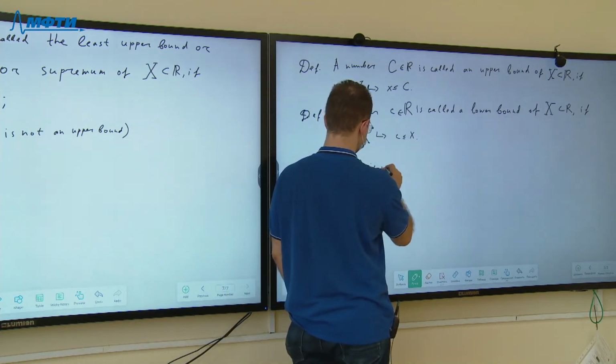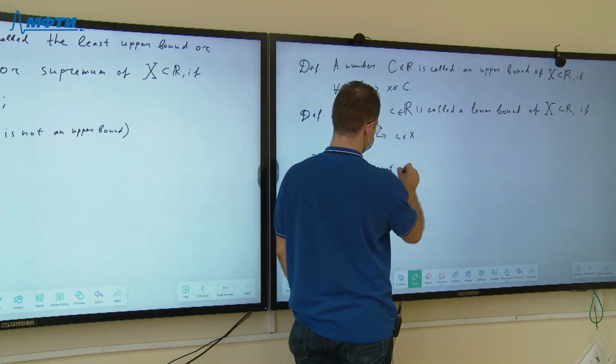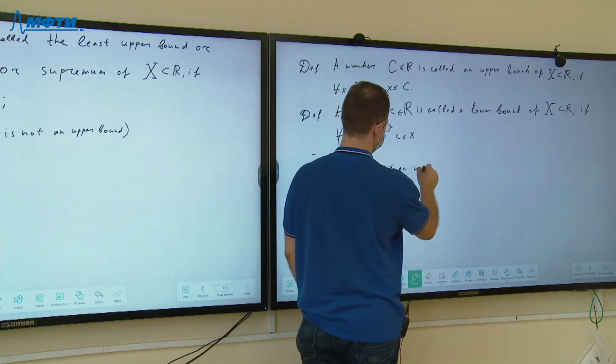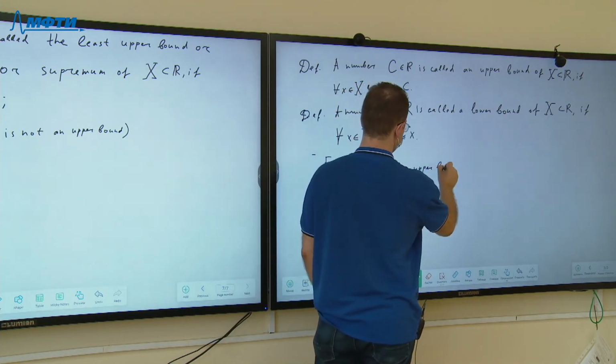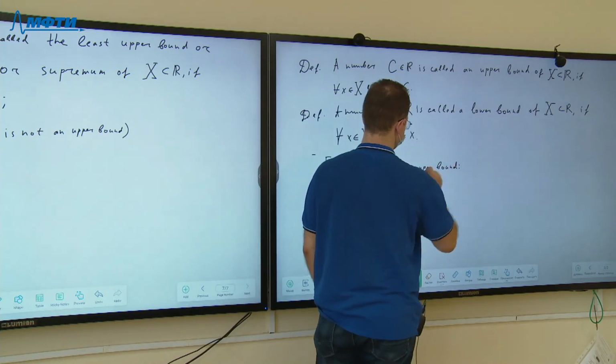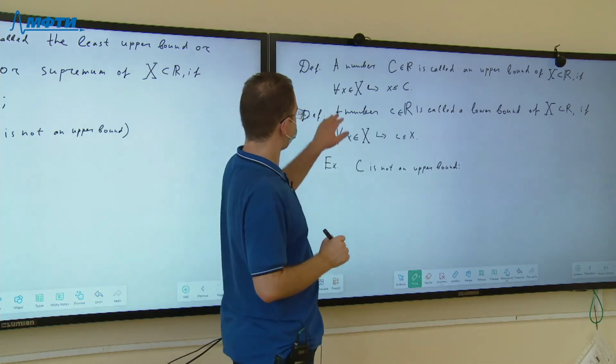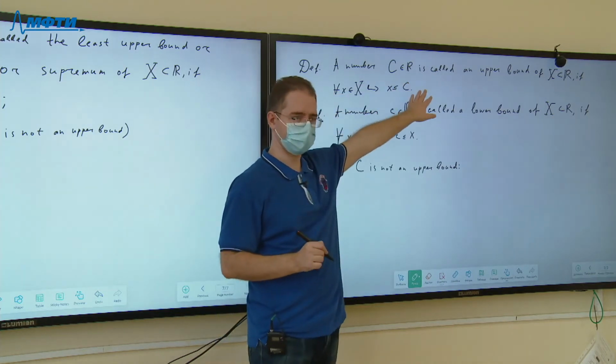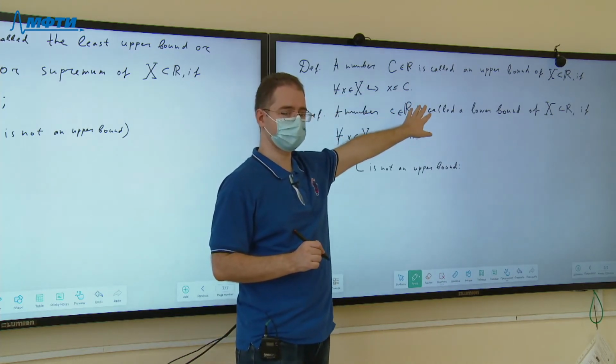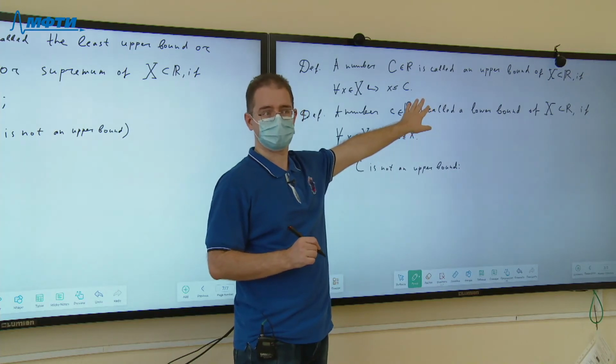C is not an upper bound. For any x, something happens. How to say that this is wrong? There is an x such that it doesn't happen.